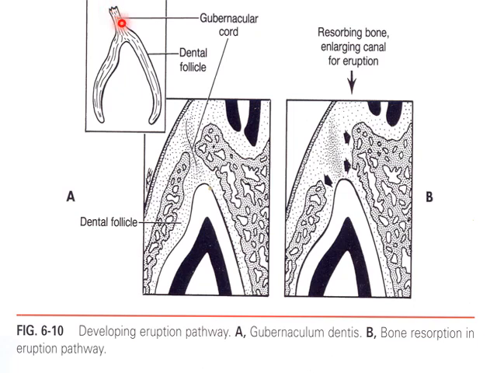This gubernacular cord guides the tooth toward the eruptive pathway. This is the bone resorption, and this is the cord-like structure here. And this is the incisal edge of the tooth, which will enter this space to reach the oral epithelium and to erupt here.